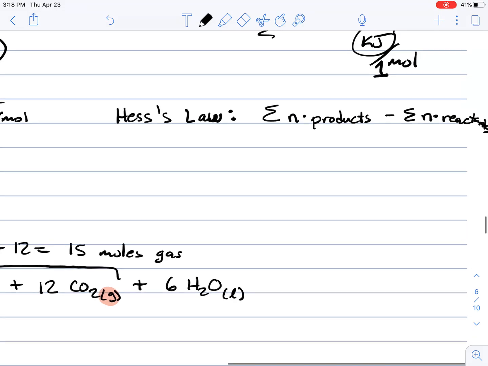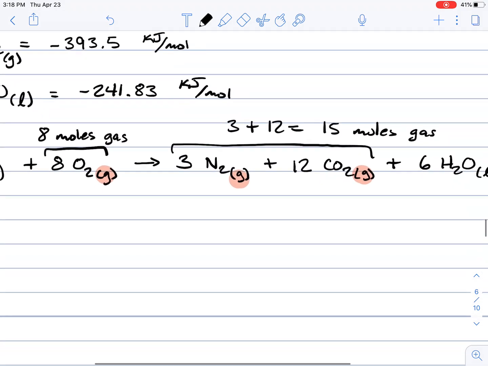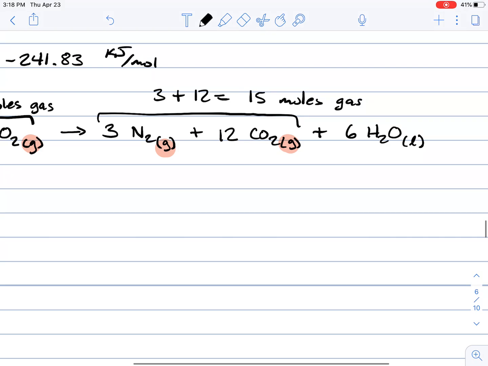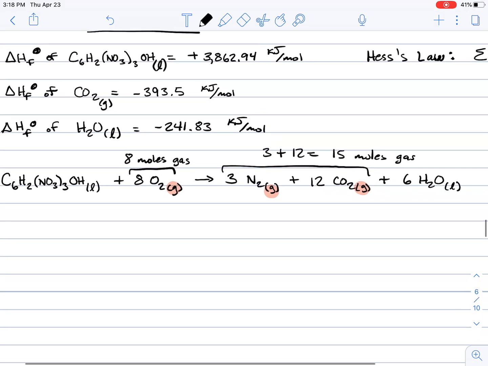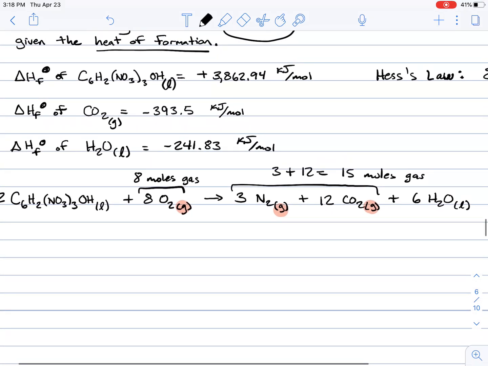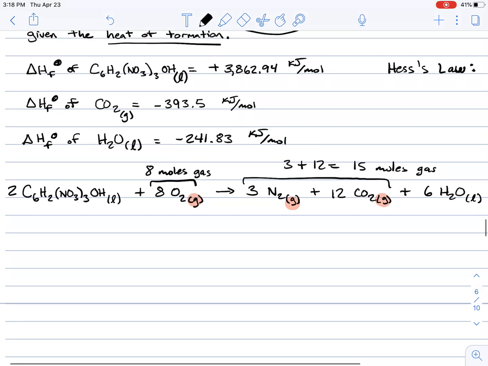So let's see how this equation plays out. We're going to use these heat of formation values to determine how much energy is in each of the reactants and the products.